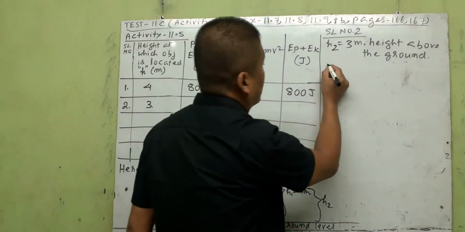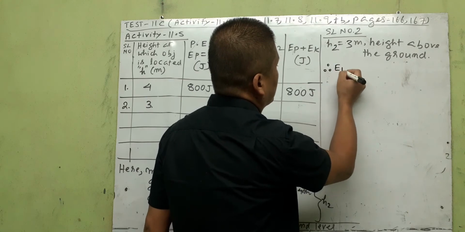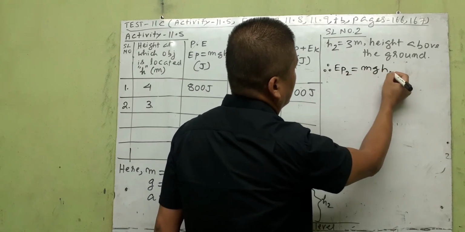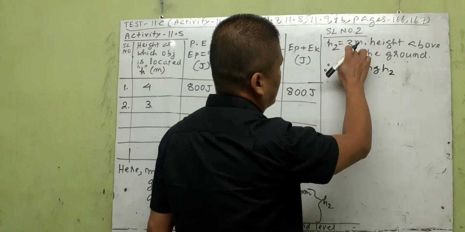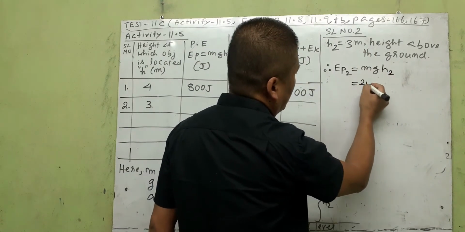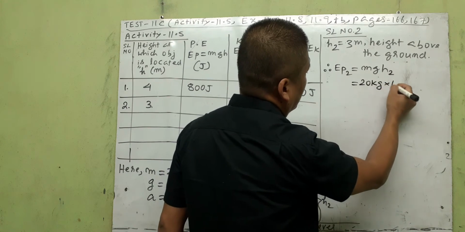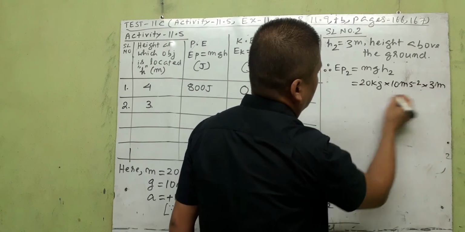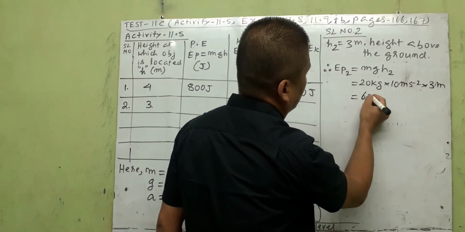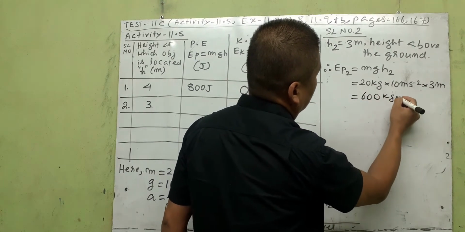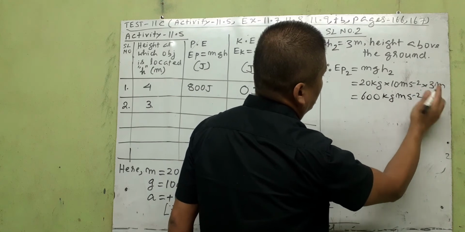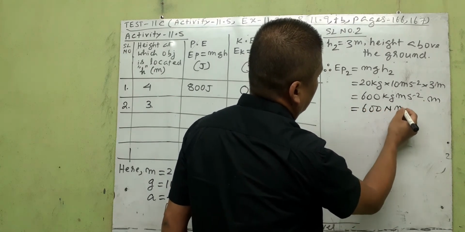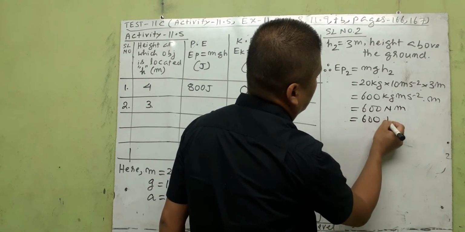So therefore we can write potential energy in the second case as mg, which is the same, and h is height 2. Now the height has changed from 4 to 3, so mass is 20 kg, 10 meter per second square, and 3 meters. So 3 twos are 600 kg meter per second square, into meter, which is 600 Newton meter, which is 600 joules.